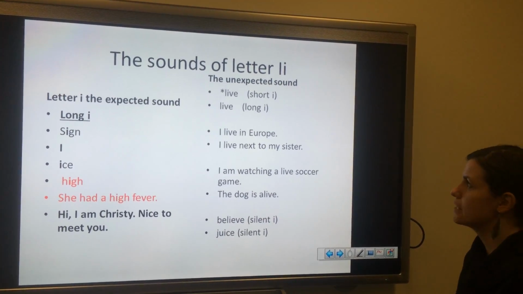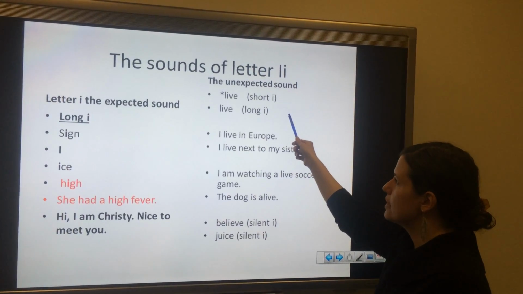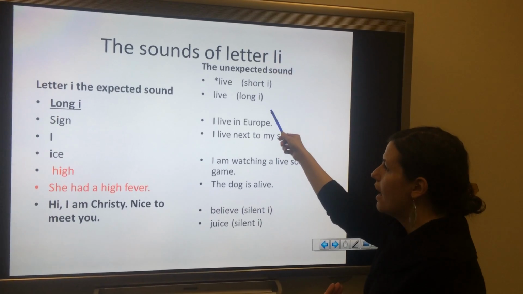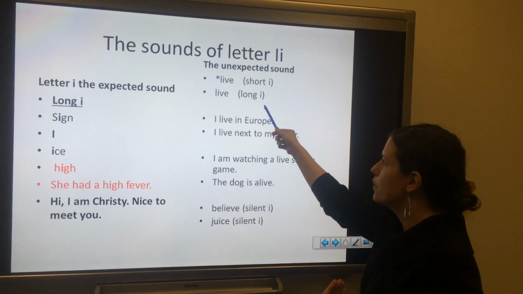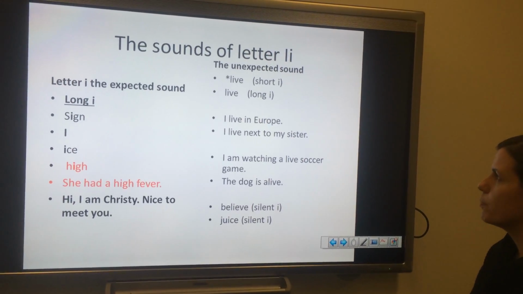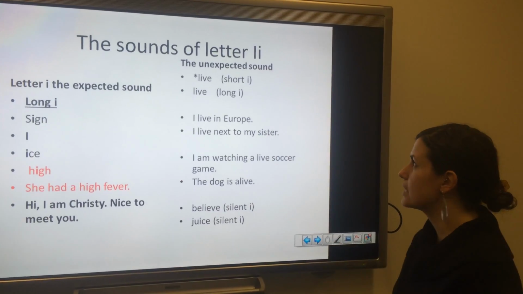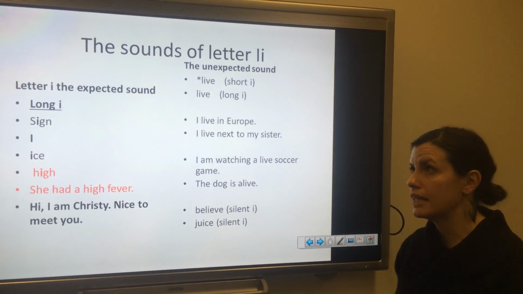Now the unexpected sounds. We have the word live with the short I sound, and with the long I. Okay, and the reason that I put an asterisk next to this word is because depending on the situation, it changes its meaning.